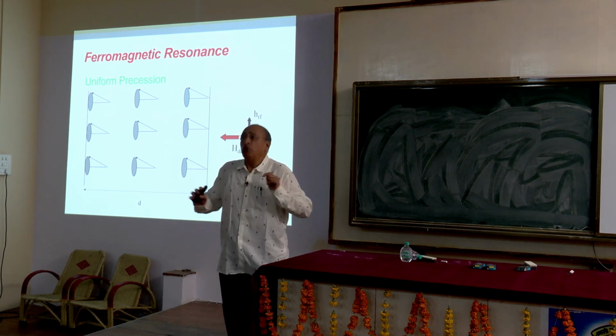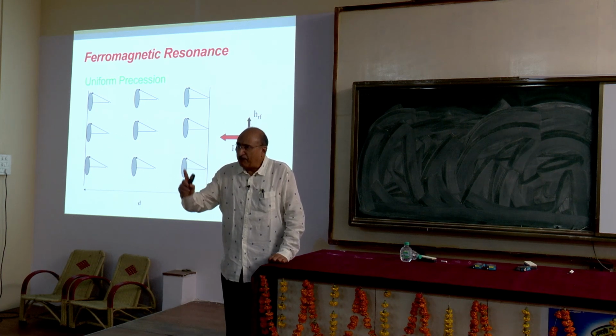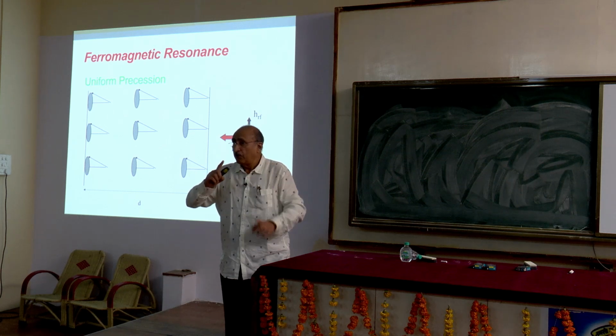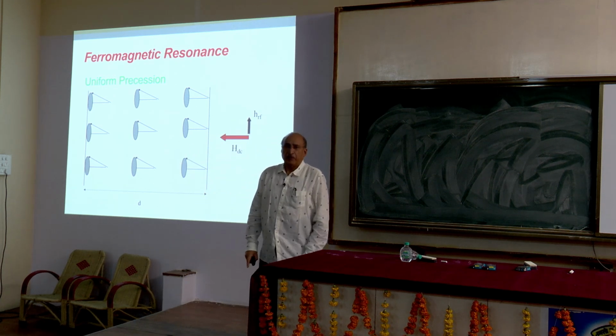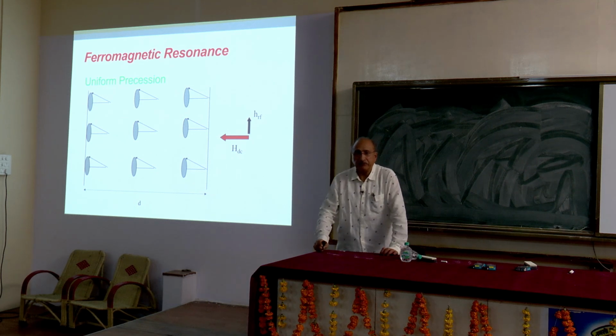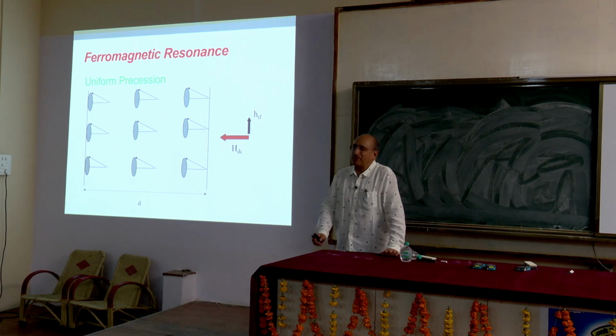If it is not so, then every magnetic moment which constitutes your net M will precess in phase. They will all move together, so to say. This is what we call a uniform precession.